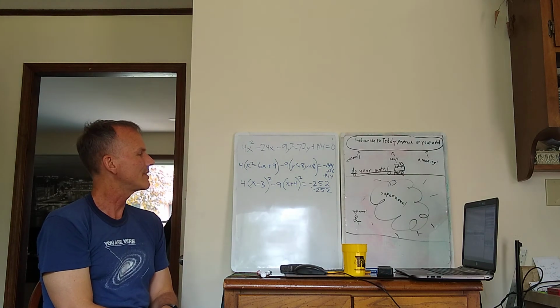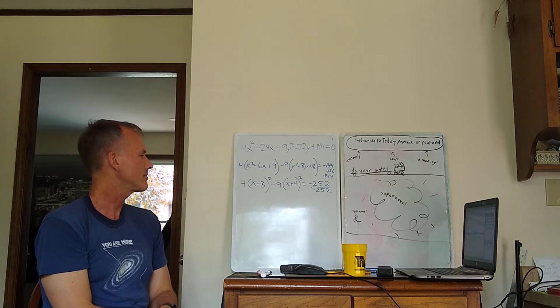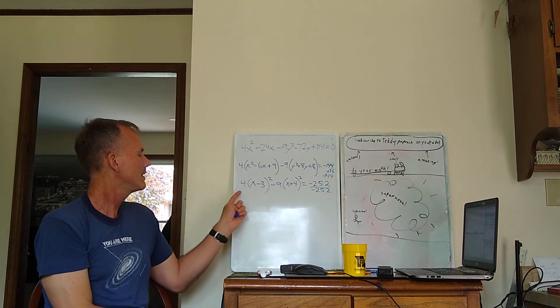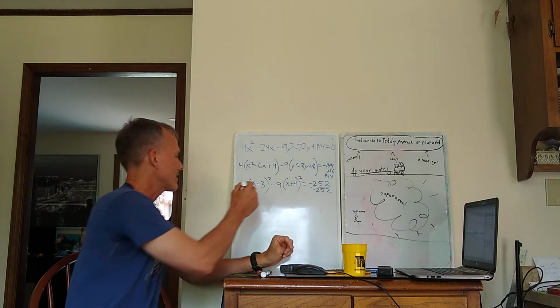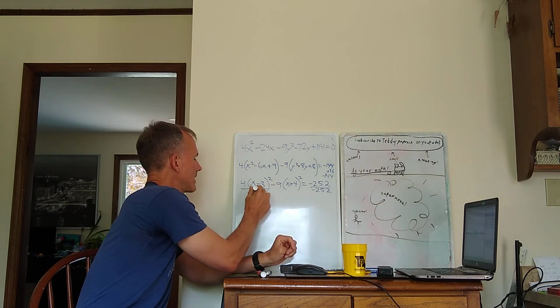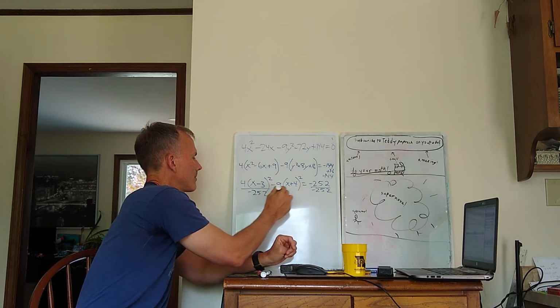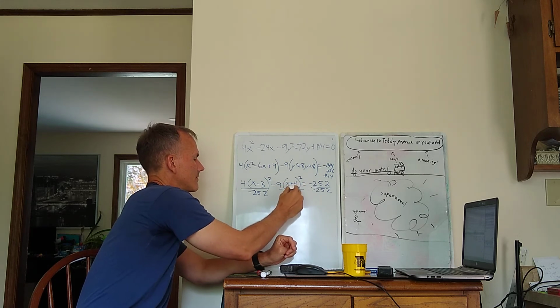But if I divide the right side by negative 252, I have to do it to the left side as well. Both terms. I'm going to put this term over negative 252. I'm also going to divide this term by negative 252.